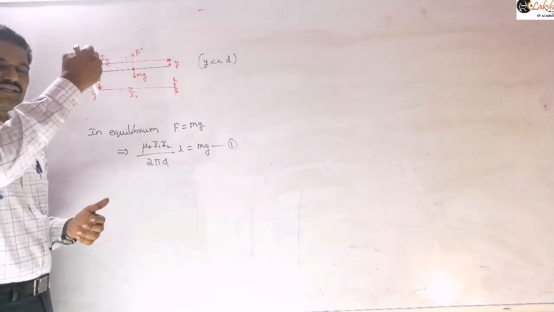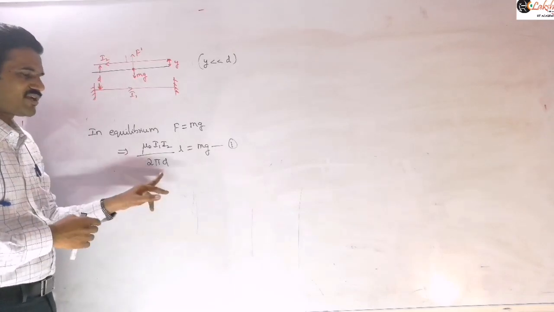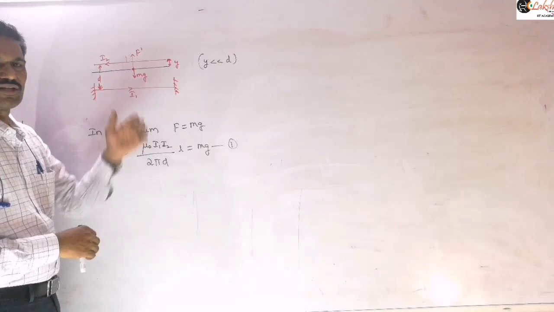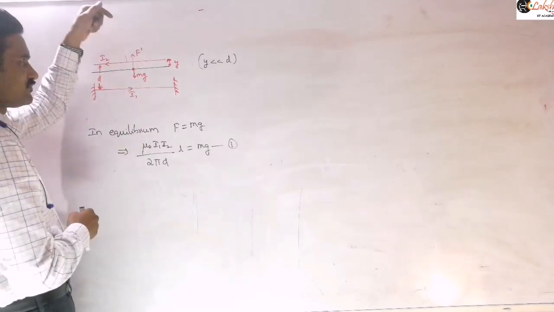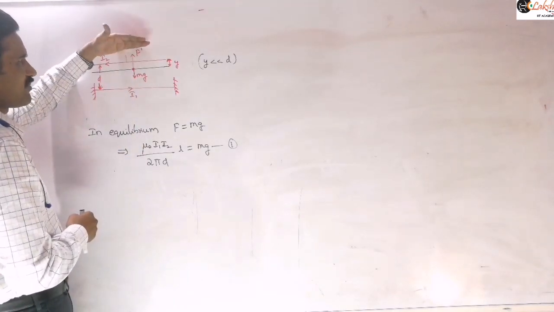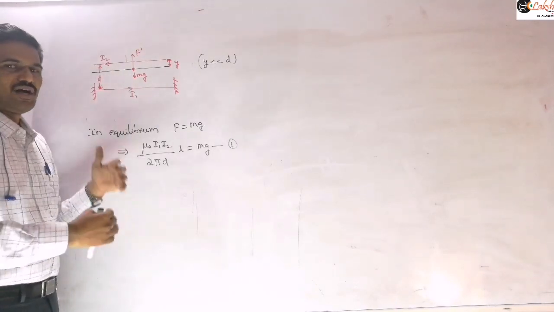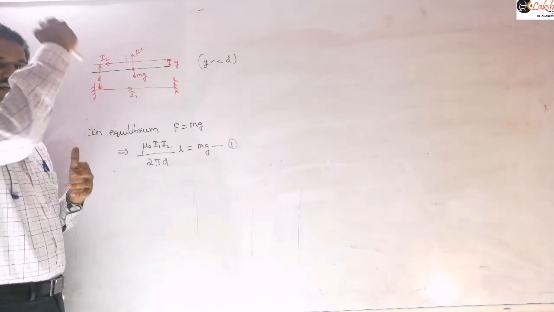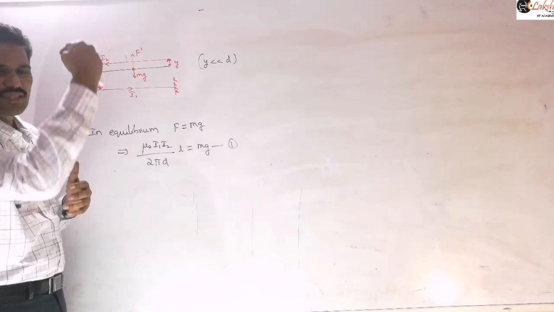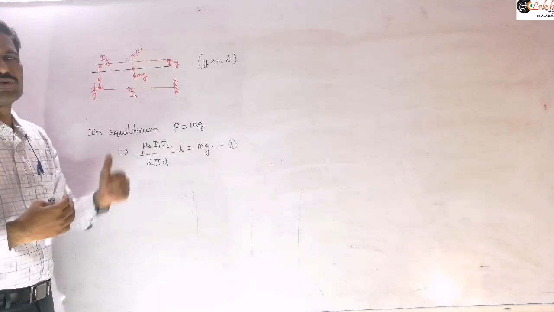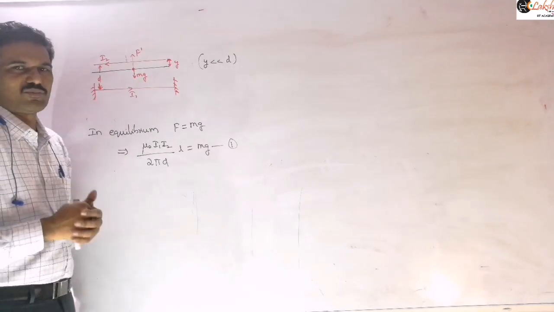Once it is moving above, as the separation is greater than d, the magnetic force will be less than mg. So mg becomes greater than the magnetic force, and the wire starts decelerating and comes to rest at some point, then again starts moving downwards, so it will execute oscillatory motion.